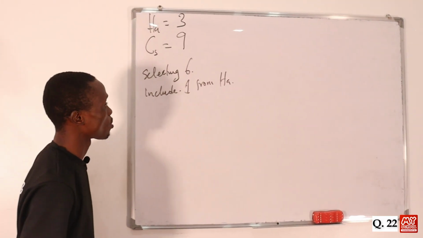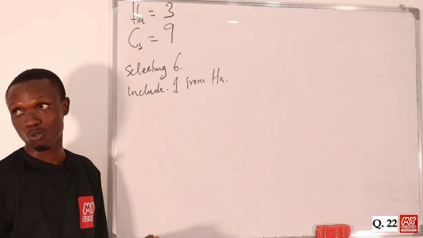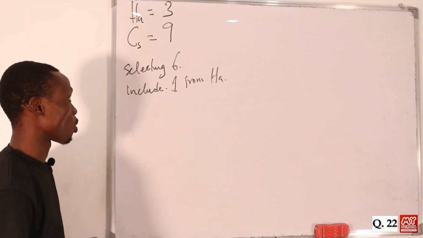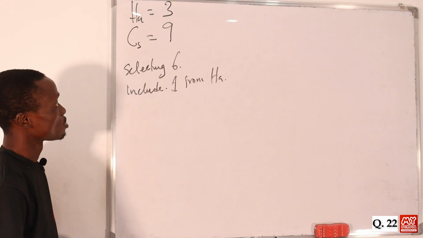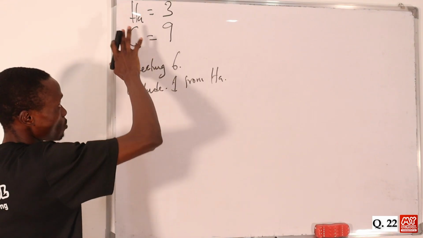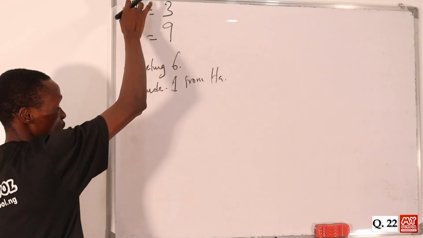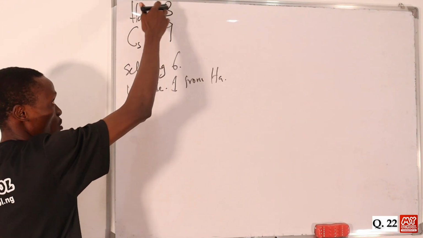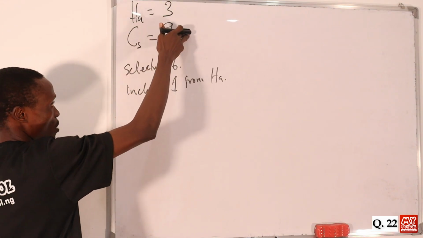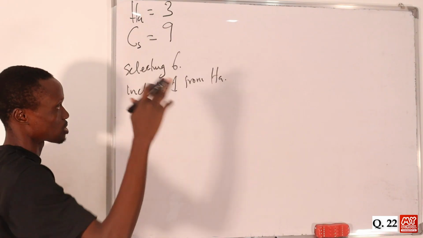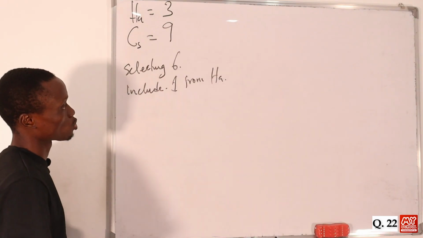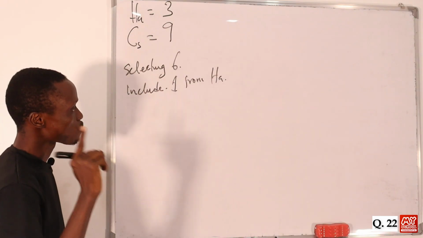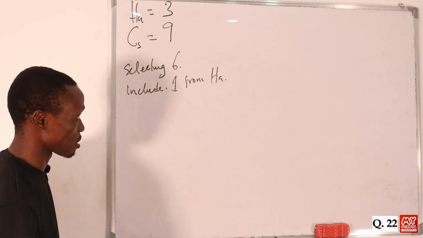A state government was trying to form a committee of 6 members, right? From the information given to us, for the House of Assembly we have 3 persons, while for the state commissioners we have 9 persons. But they said the selection should include 1 person from the House of Assembly.